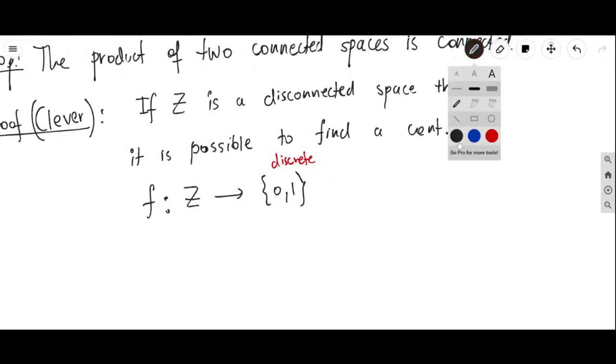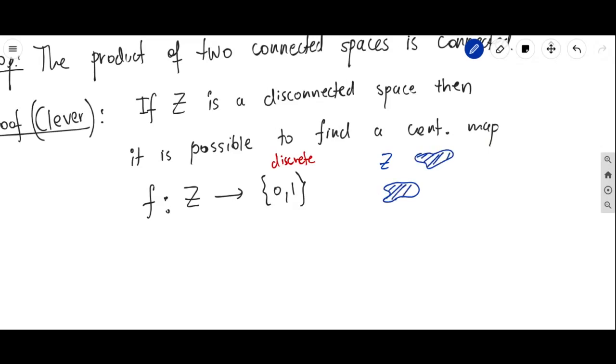Now what's the idea? The idea is basically this. The set Z is disconnected. So here's a picture of it. Because the set is disconnected, so this is Z, there's one piece, and then there's another piece. There might be more pieces, but it does not really matter. So you have two pieces, they're disconnected, and then you define the following function on Z. If you pick a point in Z, you just look at which of the two pieces it's located in.